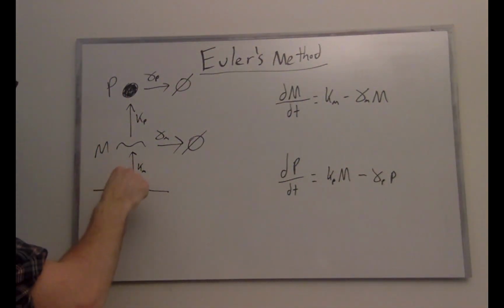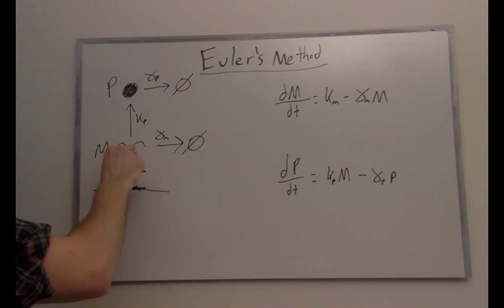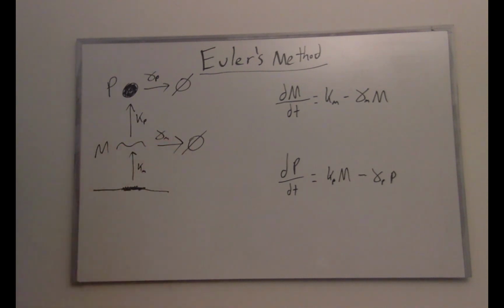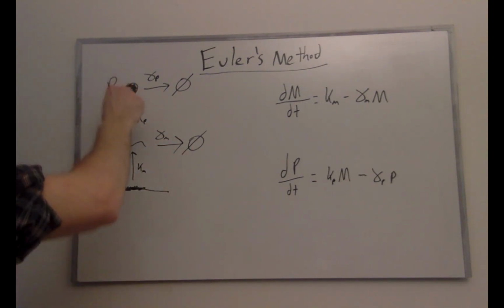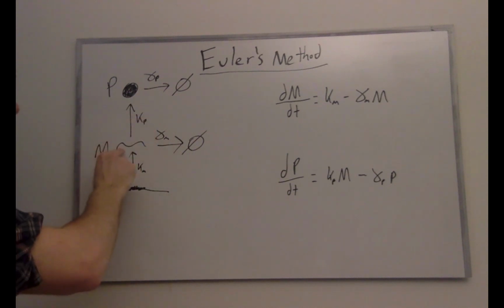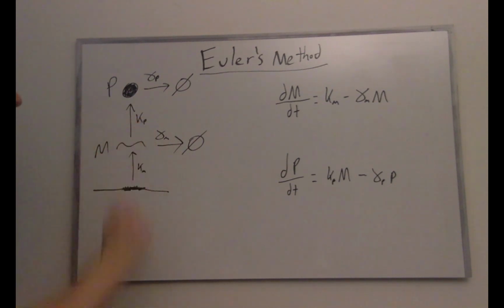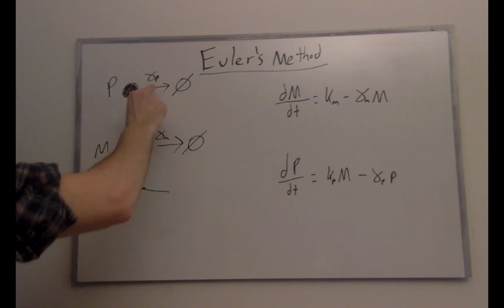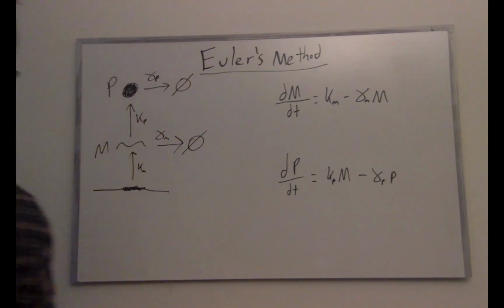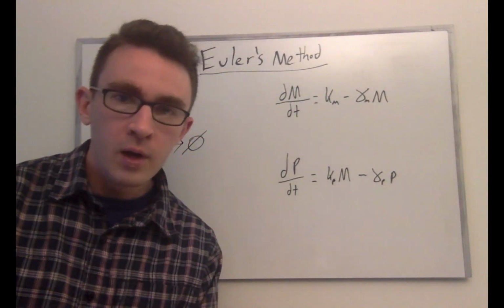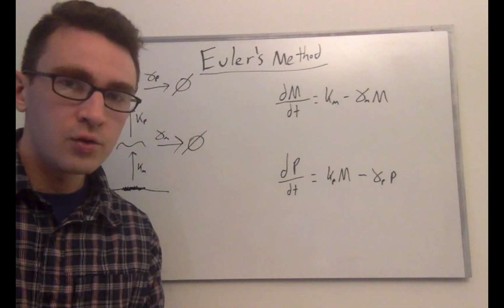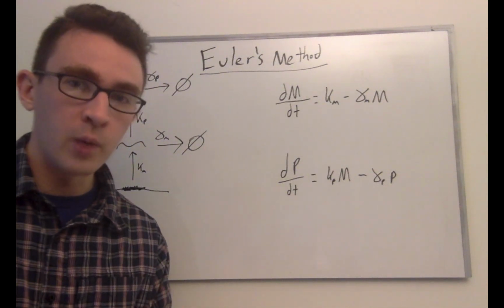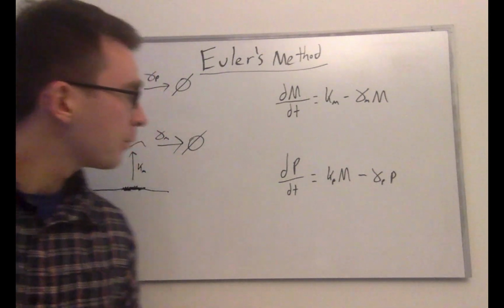So it's produced with a rate Km, and it breaks down with a rate gamma M. And then the protein P is produced from the mRNA with a rate Kp, and it breaks down with a rate gamma P. Okay, so pretty simple model. I'm going to show you how to use Euler's method to numerically solve this model in Python.